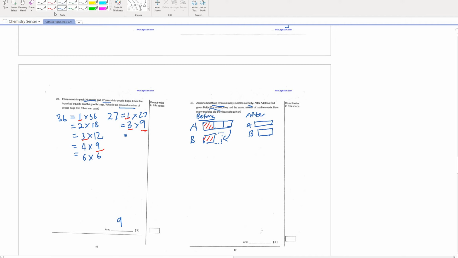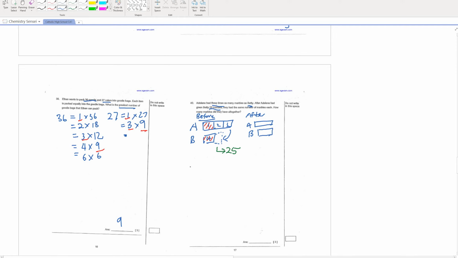So what does this mean? This suggests that one box is 25 marbles. So how many marbles do they have altogether? They have 1, 2, 3, 4 units of marbles. The total number of marbles that Adeline and Betty have does not change. They are simply transferring marbles between each other. The total number of marbles between them does not change.